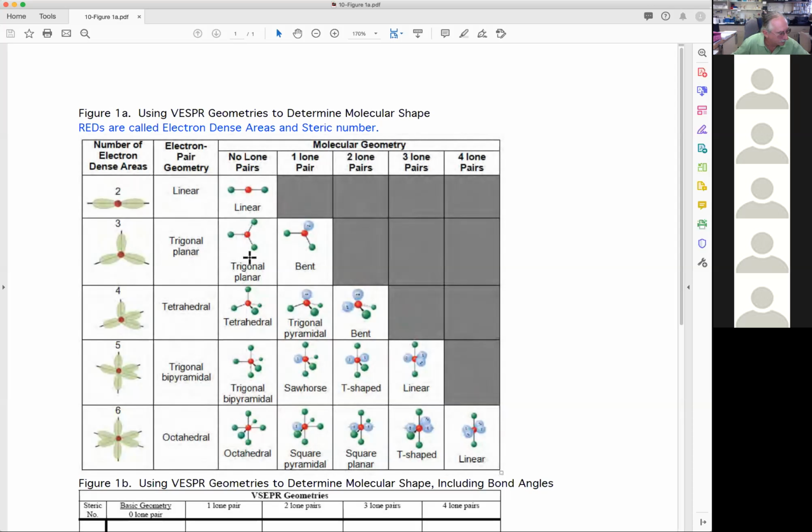So what about the tetrahedron? So here's the tetrahedron. What if I take off one of the atoms over here? Now, what do we call this? This is called trigonal pyramidal, or I just say pyramidal.